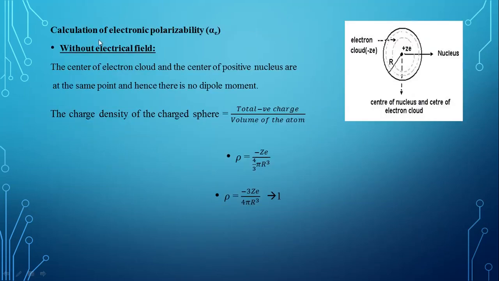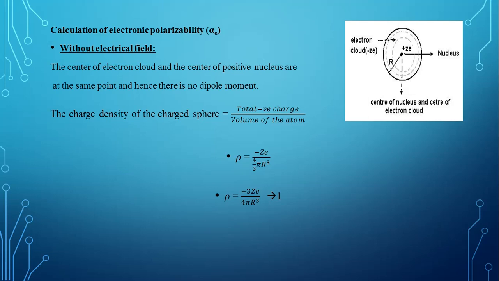Let us see the calculation of electronic polarizability alpha E. Consider an atom of a dielectric, of nuclear charge Ze, where Z is the atomic number.